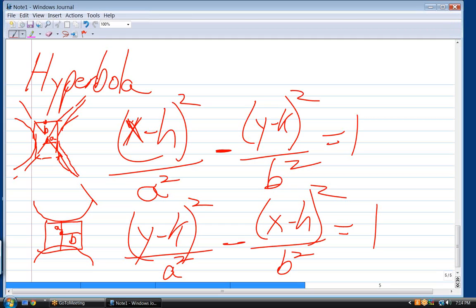In other words, A doesn't have to be bigger than B. And when I talk about the distance from the center to the focus, that's C. How does C relate to A and B? Yes, this is the Pythagorean theorem, basically. You can remember it by remembering hyperbolas are the Pythagorean theorem, and ellipses, it's a squared minus b squared instead of plus.